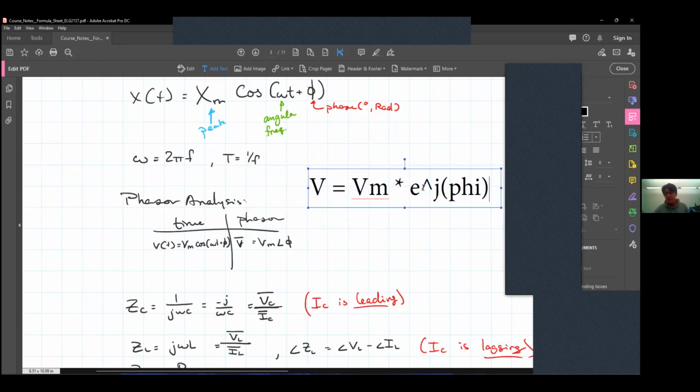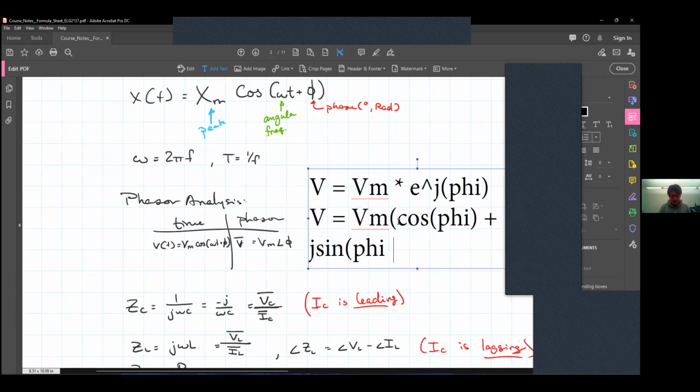So this is one other format. It's simply this angular shift represented in exponent notation. Or you can represent it in Cartesian form or rectangular form, which is simply Vm cosine phi plus j sine phi.